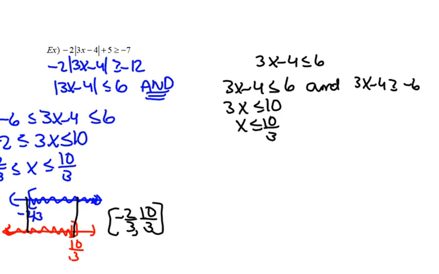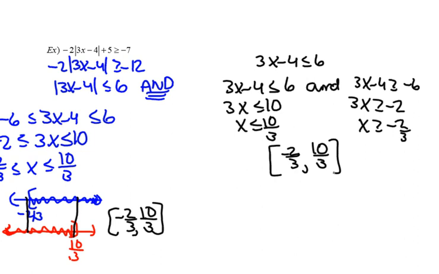For my other inequality, add 4. So again, looks exactly the same as what we have here, so I would write that in interval notation. And we're done here. Either one of these methods with an and problem will get you to the correct answer as long as your math is correct for it.